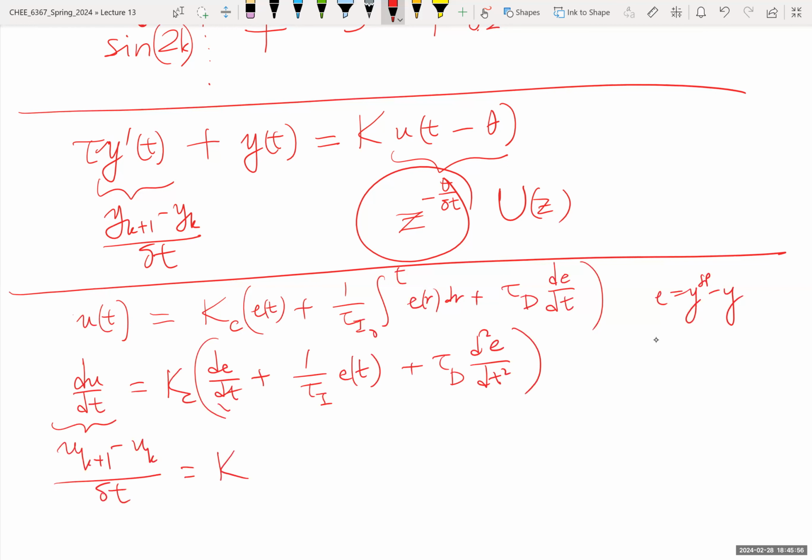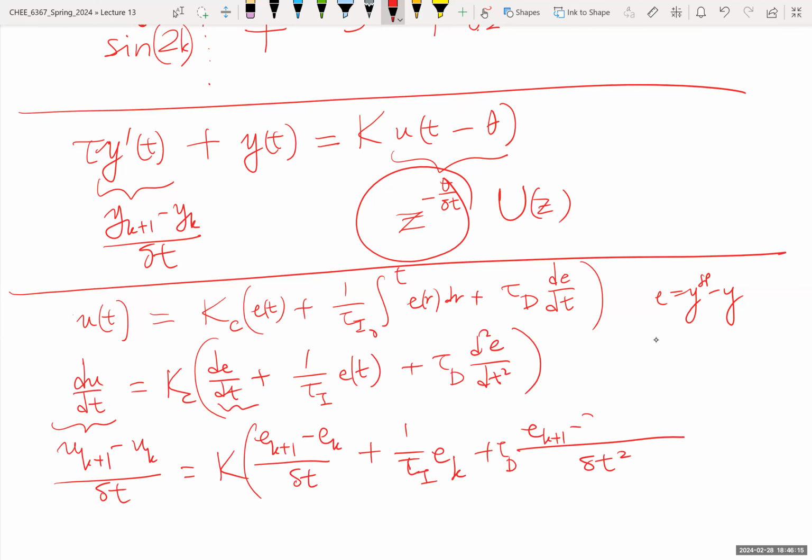This is approximated in the same way, and the rest is straightforward. e sub k, and the second derivative is approximated by e(k+1) minus 2 e(k) plus e(k-1). Now the current value of u depends on the current value of the error, and it has the previous and one more than the previous.